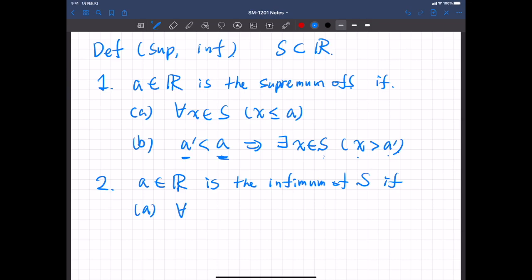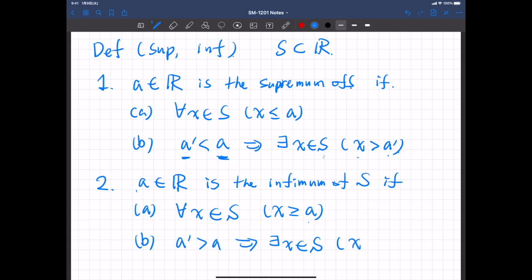First, for all elements x of S, x is greater than or equal to A. So this means A is a lower bound of S. And second, b: if A prime is greater than A, then there is some element x of S that is less than A prime.